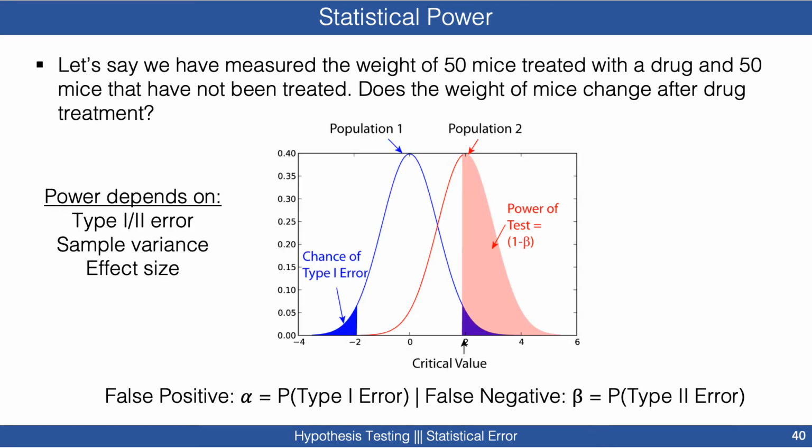So let's visualize this a little bit. Say you have two populations, your control population 1 and your knockdown population 2. What factors affect your power, your type 2 error rate? Depicted here are the density distributions for, say, the weight of these two animals.